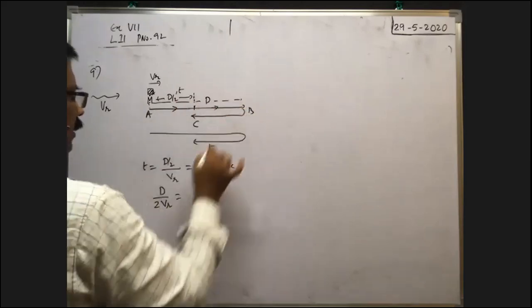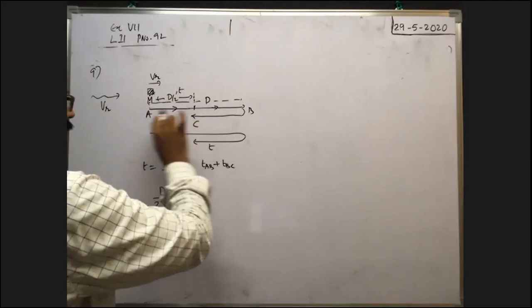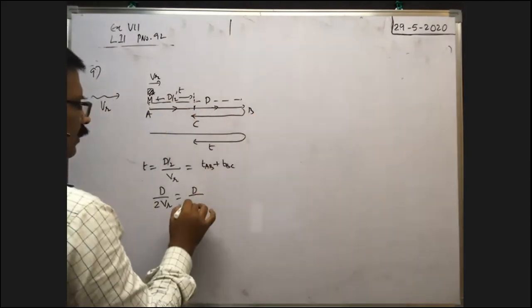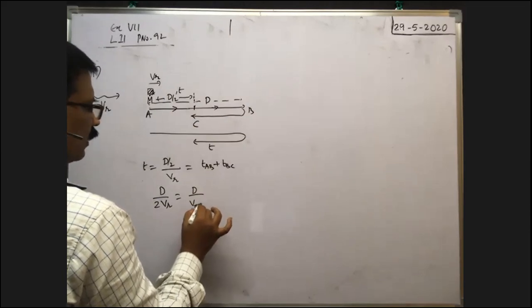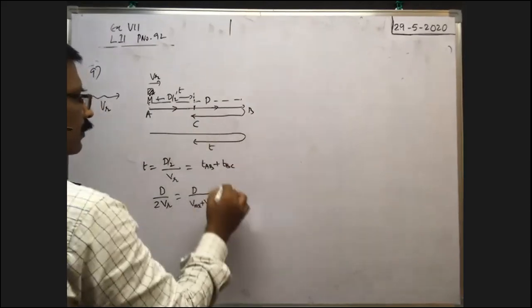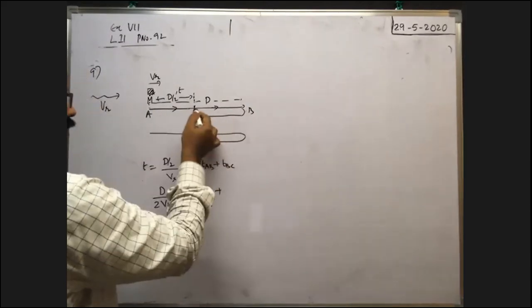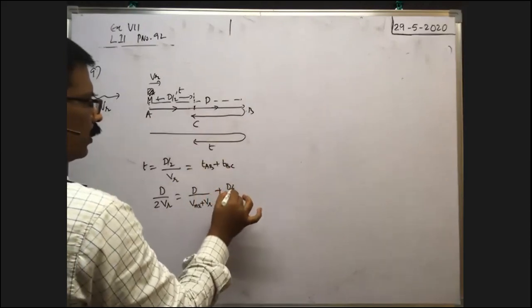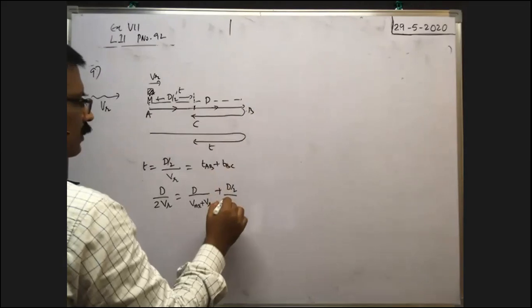Distance traveled is capital D, divided by the velocity of the man downstream. The velocity of the man downstream is equal to the velocity of the man with respect to the river plus the velocity of the river, VMR plus VR. Plus the upstream distance traveled, which is d by 2, means the remaining distance is d by 2 only, no? So d by 2 divided by the velocity of the man upstream, which is VMR minus VR.